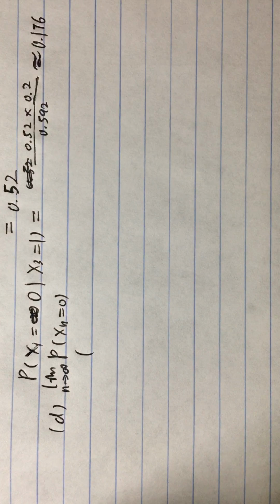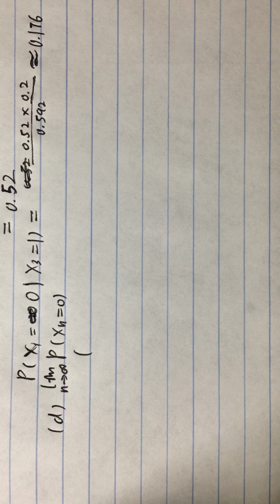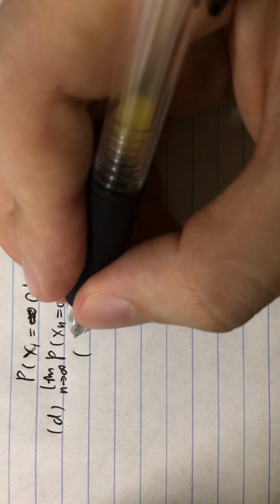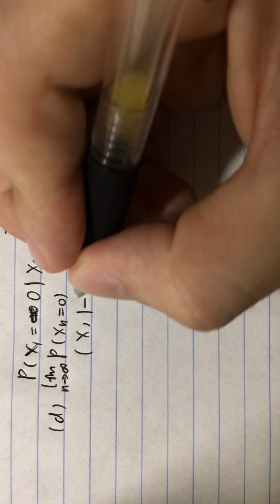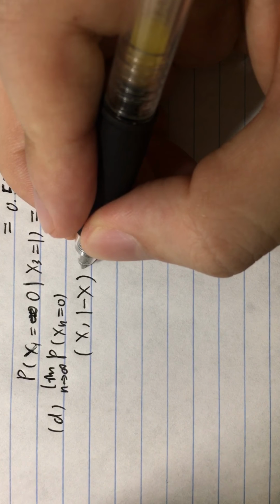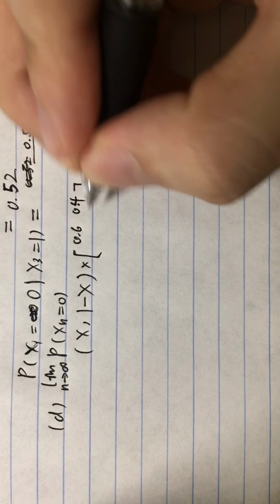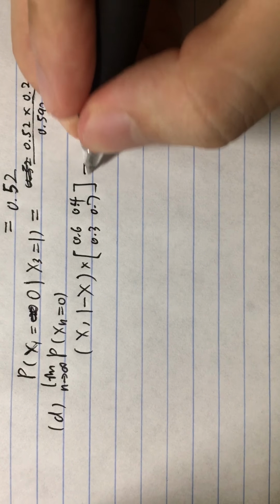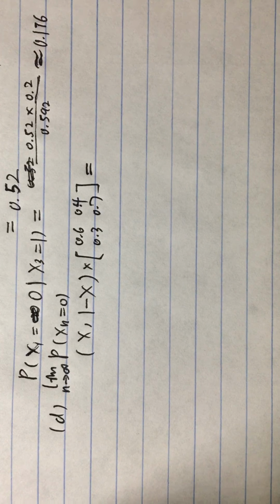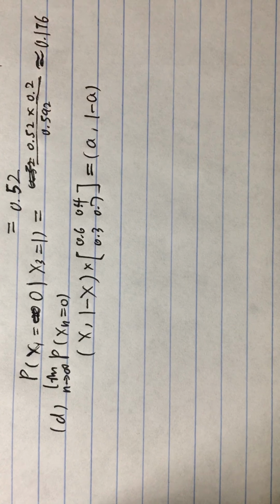We can assume that the probability distribution of xn is like this: a and 1 minus a. Multiplied by a matrix like this one, it will equal the probability distribution of the next event, but the probability distributions should be the same as each other.